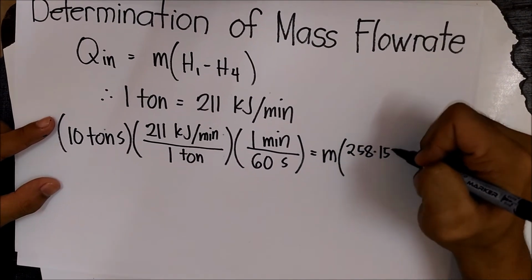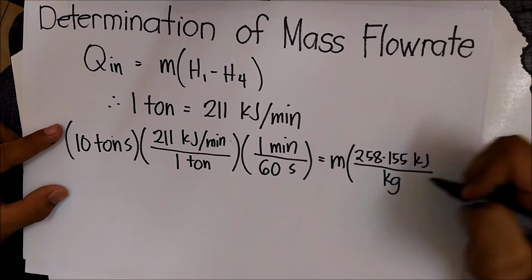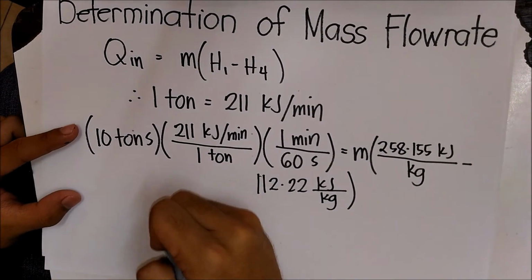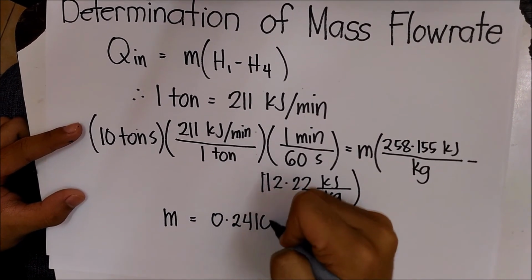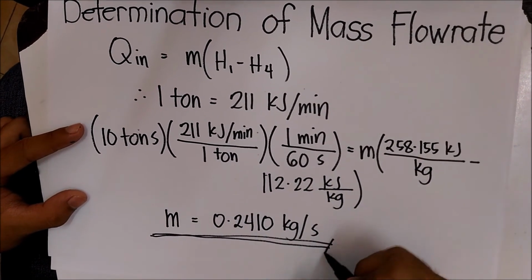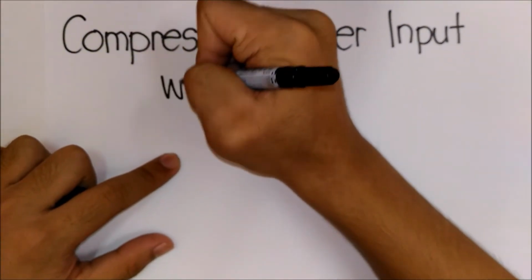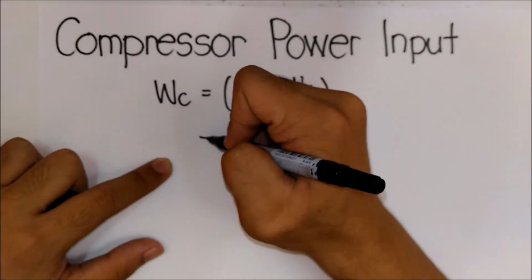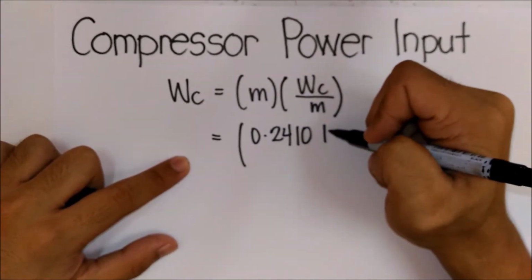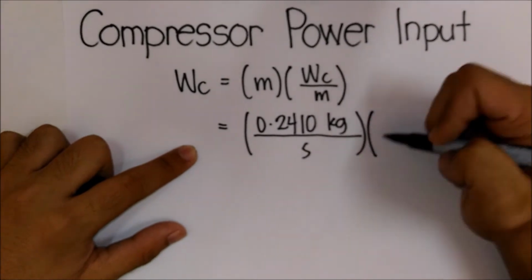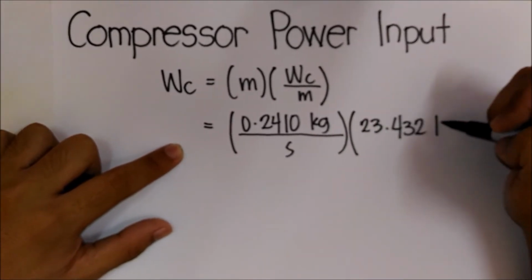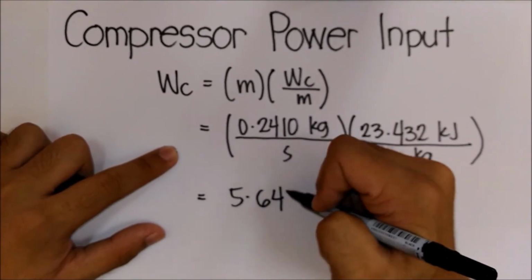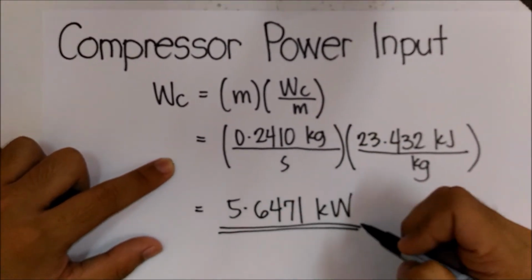Substituting the values, we get the mass flow rate of the refrigerant is equal to 0.2410 kilograms per second. The compressor power input is equal to the mass flow rate of the refrigerant times the rate of power input per unit mass of refrigerant flowing. Substituting the values, 5.6471 kilowatts.